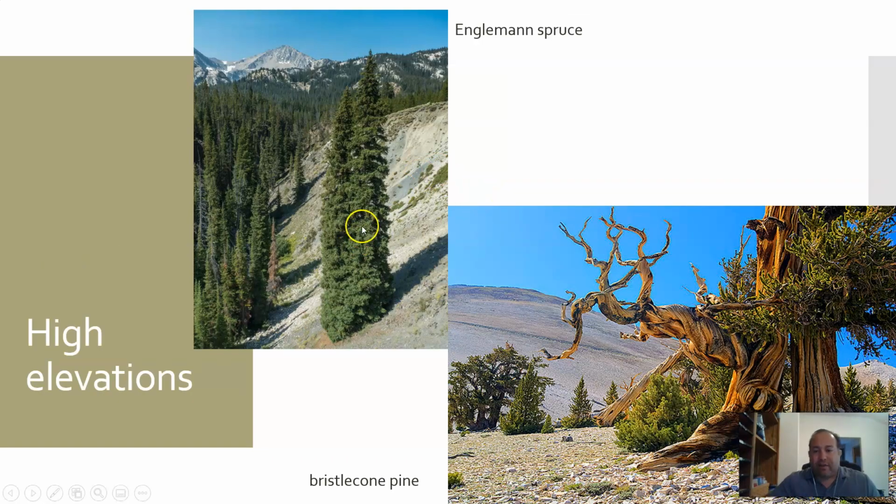At our high elevations, we get bristlecone pine and Engelmann spruce, and you can see just how high up we mean, because you can see that we're hitting tree line up above some of these species. So this is it. Anything that goes higher, the trees can't actually handle.